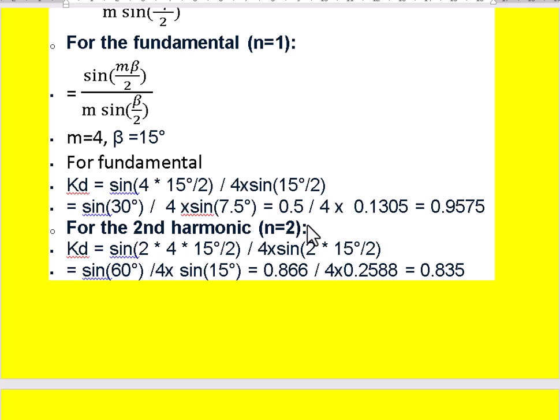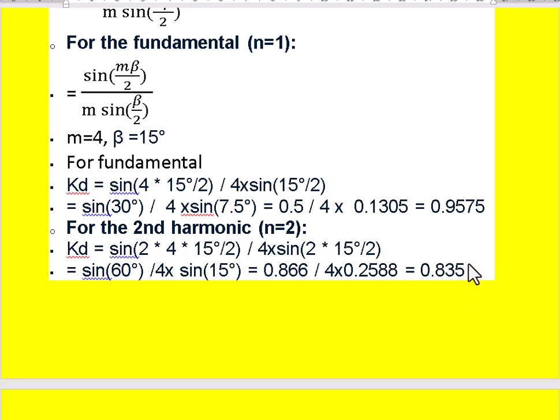Suppose the alternator has the second harmonic in the waveform. In that case, n will be taken into account for calculating the distribution factor. In place of n we substitute 2, and the rest is the same: sine of m beta by 2, where m is 4 and beta is 15 degrees, divided by 4 into sine of 2 into beta by 2, that is 15 by 2.